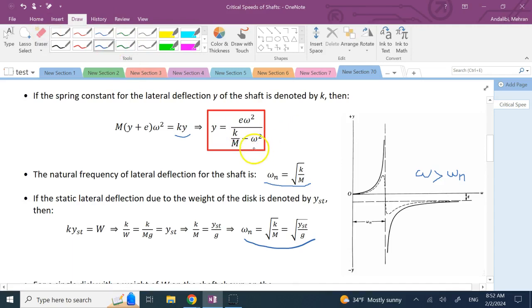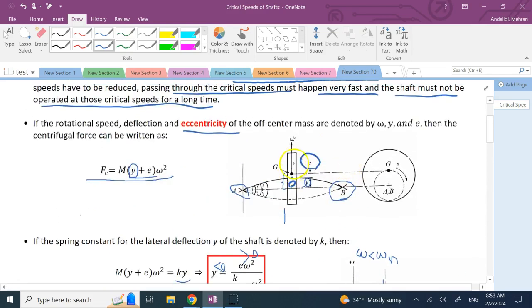The numerator is always positive, so the whole Y is going to be negative. And you can see it here that the Y is negative. On the other hand, if you run it at RPMs less than the natural frequency, the denominator will be positive, so Y will be positive, and this is what you can see here.